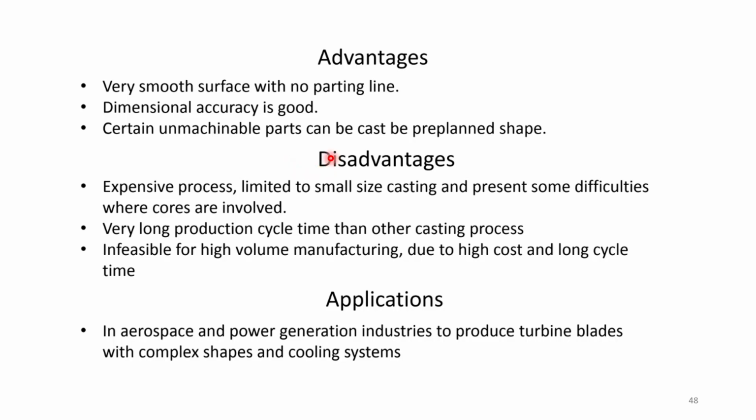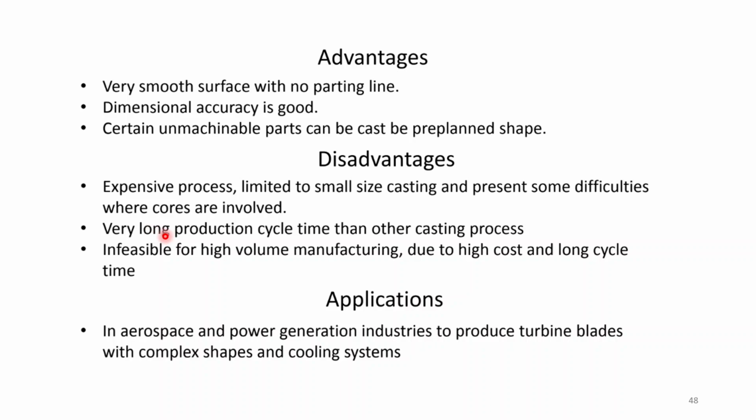Some of the disadvantages are that it is an expensive process, and it is limited to small size castings, and it presents some difficulties where cores are involved. So if you want to make hollow shapes, then it becomes very tricky.